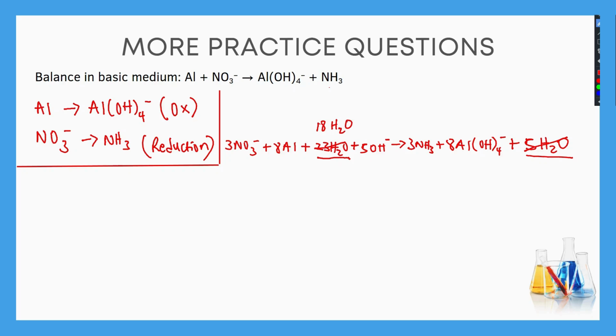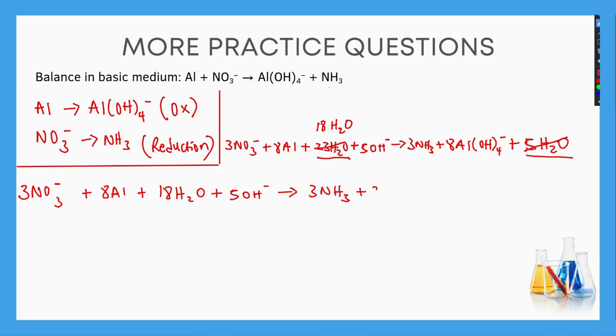So now that we've taken out the water molecules from both sides, what we're going to have is 3NO₃⁻ plus 8Al plus 18H₂O plus 5OH⁻, giving us 3NH₃ plus 8Al(OH)₄⁻. And because we've taken out this 5H₂O, we're not writing anything again.